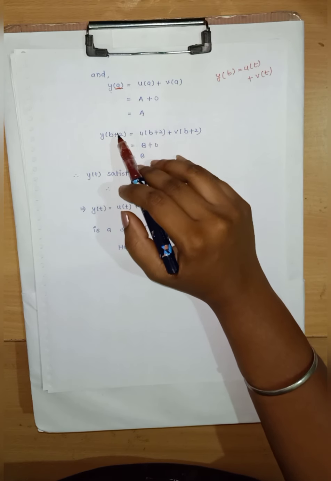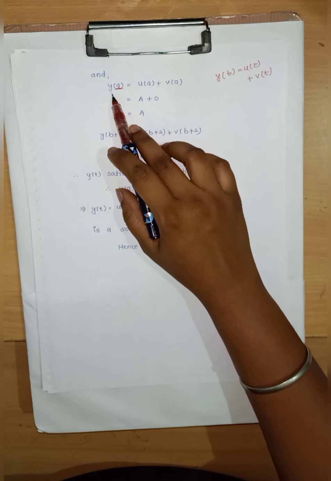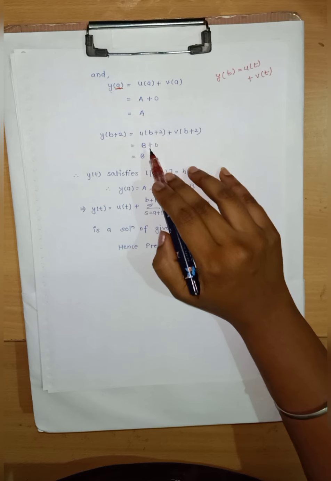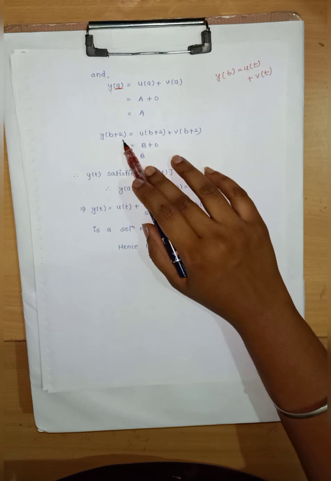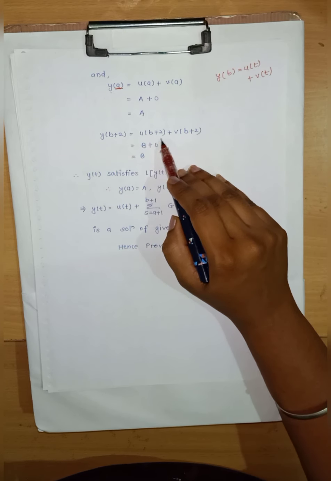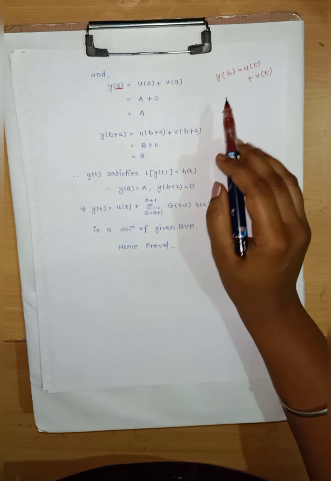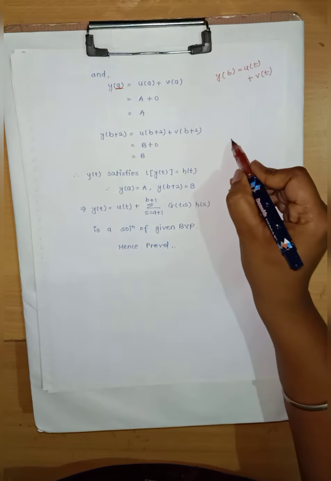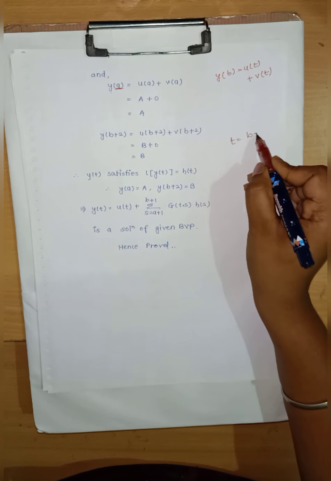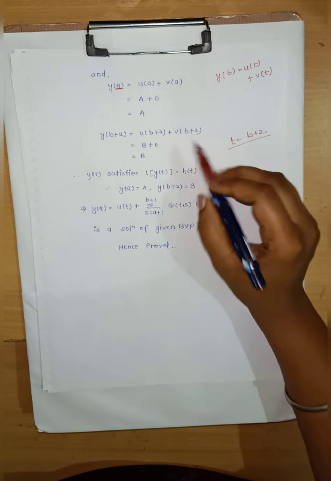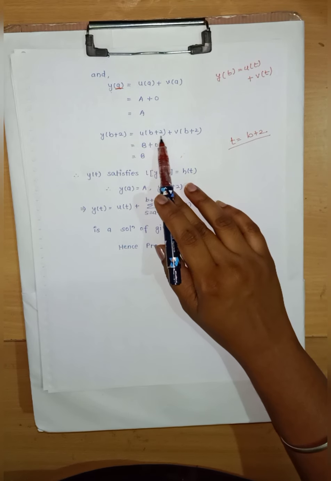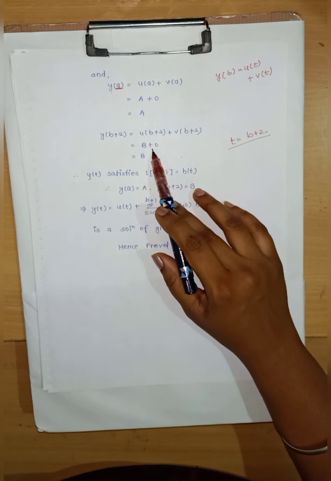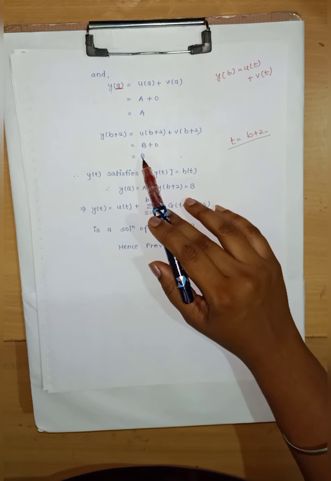Both are the conditions given, and we are getting the capital A and capital B. So y of b plus 2 equals to u of b plus 2 plus v of b plus 2. Same as here where we put a in place of t, we put b plus 2 in place of t. So we get u of b plus 2 equals to B and v of b plus 2 equals to 0, that is equals to B.